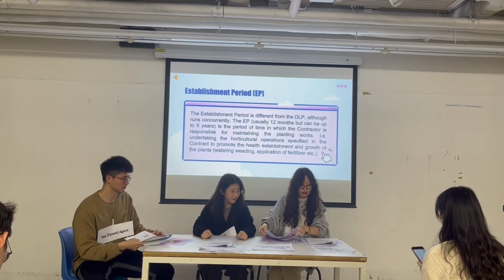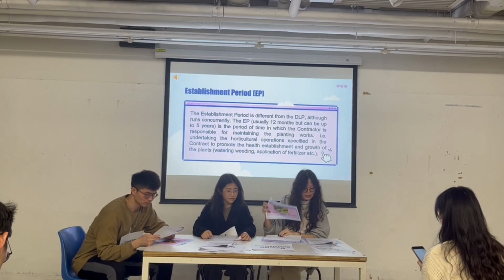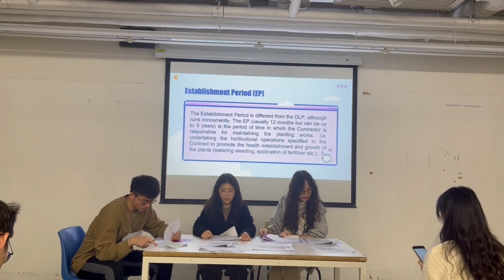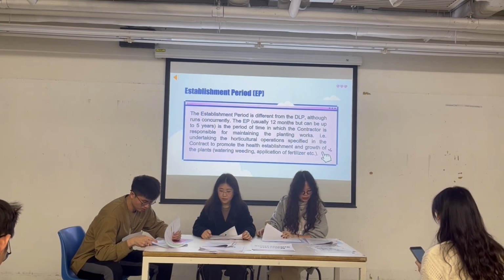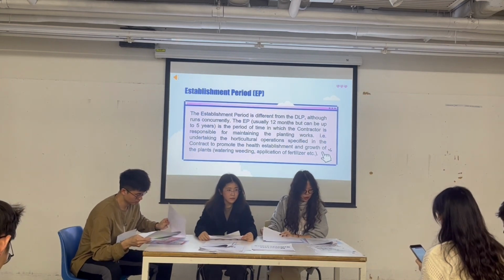Establishment period, which is EP. DLP refers to a set time frame, typically 6 months. During this time, the client has an assurance period where they can report any defects or issues and have them resolved by the contractor at no additional cost.